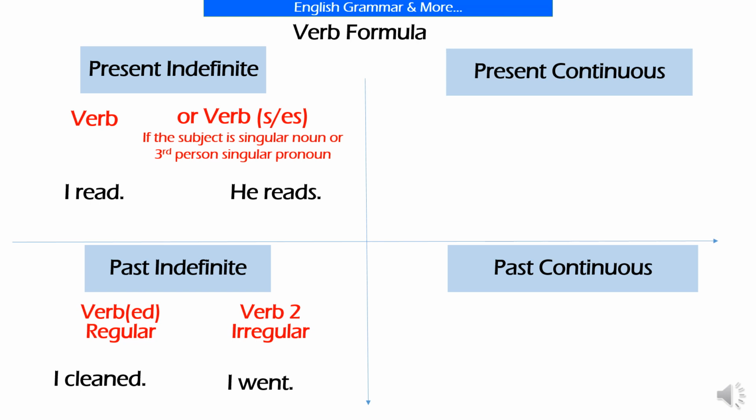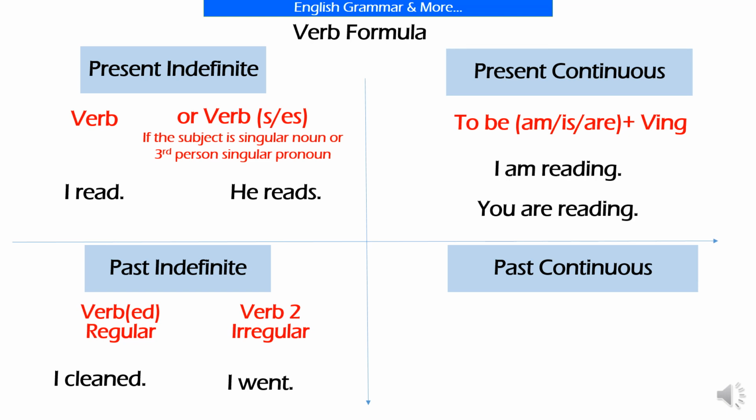Now, when it comes to the present continuous tense form, the verb formula we use is as follows. We use to be in its present tense, which is am, is, are, depending on the subject. And then we use the verb with the suffix ing. For example, I am reading. You are reading.